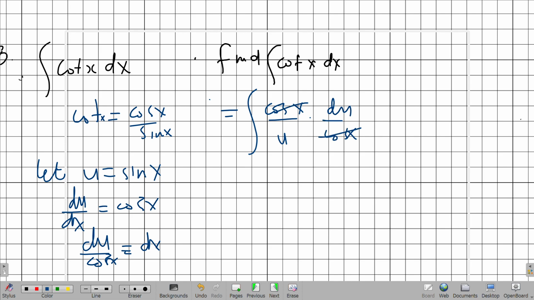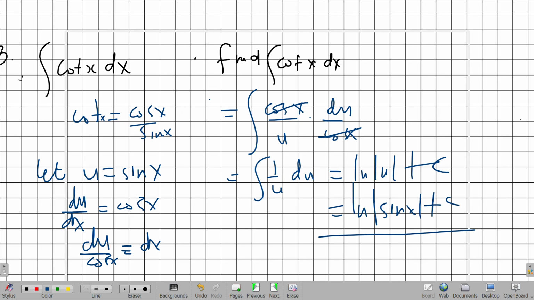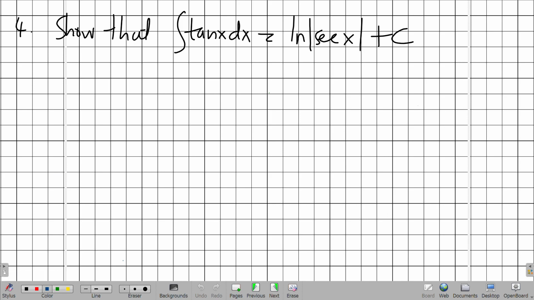These two cancel, we're just going to have 1 over u du, which is equal to natural log of u plus c, which is equal to natural log of, what's my u? Sine x. So substitution is much quicker than the first chain rule. I will leave you to go through this question by substitution again. You pause the video.